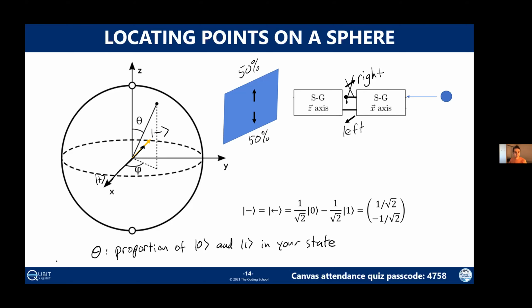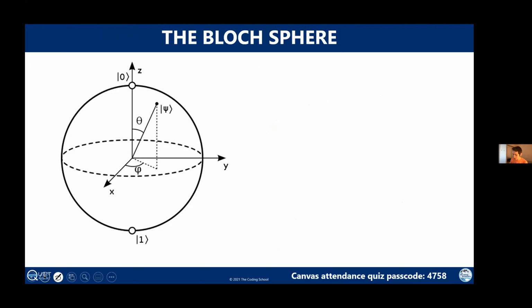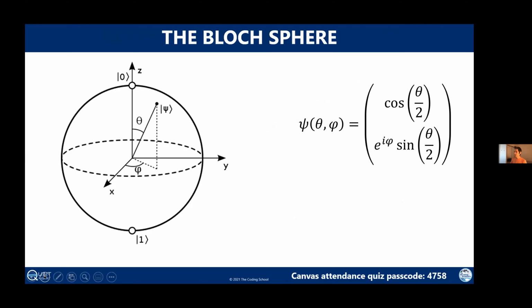Now, there's one more piece of math that I want to show you here with the Bloch sphere. There are some points where I'm just going to tell you where they lie on the Bloch sphere, but if you wanted to work this out for yourself, there is a formula for it. And it looks like this. Maybe you've seen this before. Maybe you haven't. That's okay. This is the general formula for any point on the Bloch sphere.